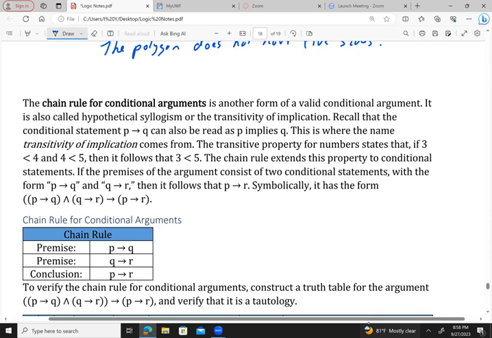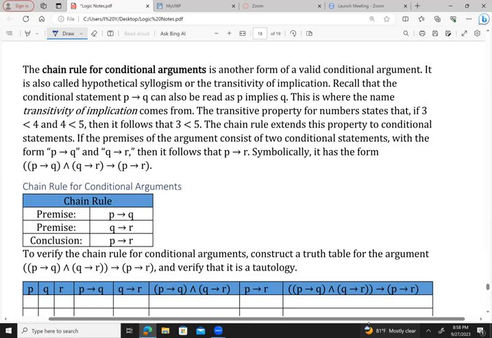If you remember, the transitive property for numbers states that if 3 is less than 4 and 4 is less than 5, then it follows that 3 is less than 5. The chain rule extends this property to conditional statements. If the premises of the argument consist of 2 conditional statements with the form if P then Q and if Q then R, then it follows that if P then R. And here is our symbolic form.